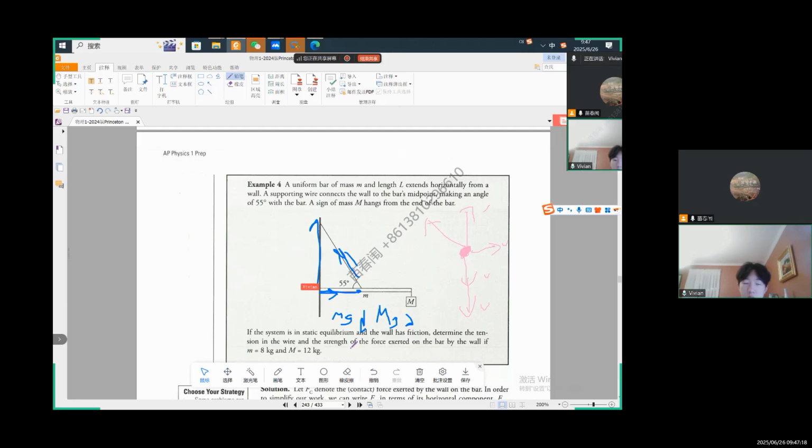This is one half of L sine theta. L sine theta.